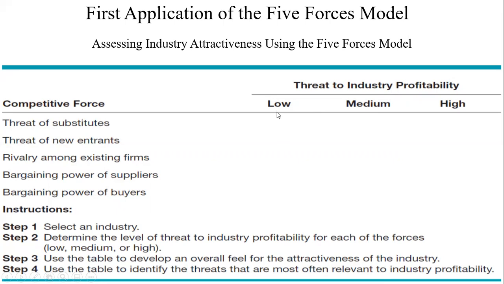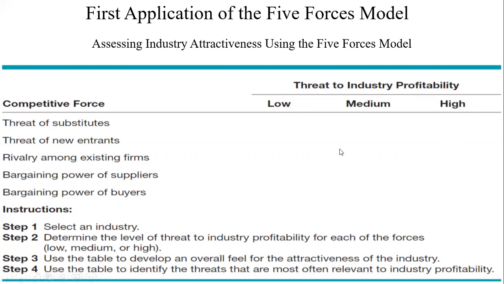Assuming you are scoring low by 1, medium by 2, and high by 5, the moment you score 5 on three of them, it means 3 times 5, which is 15, is too high. And it means there is a need for you to reconsider your venture into that particular industry.